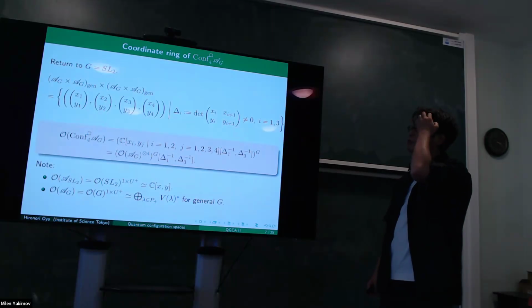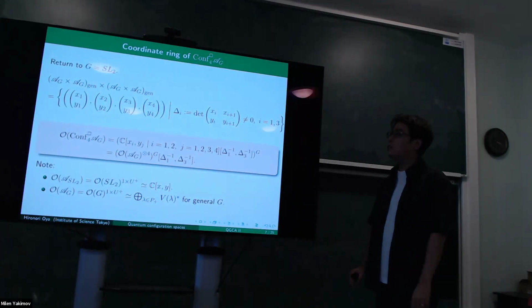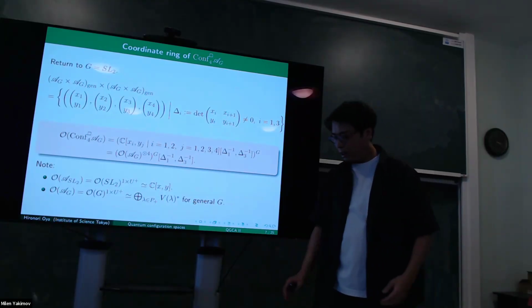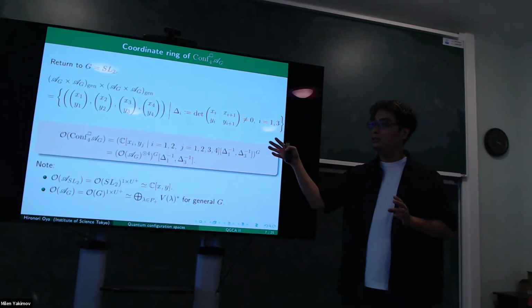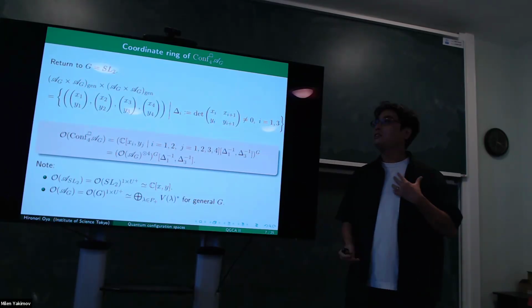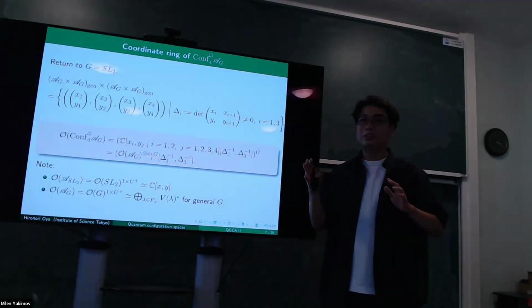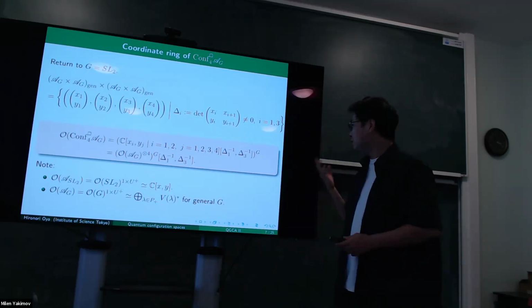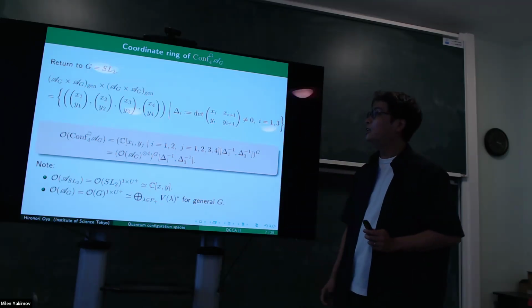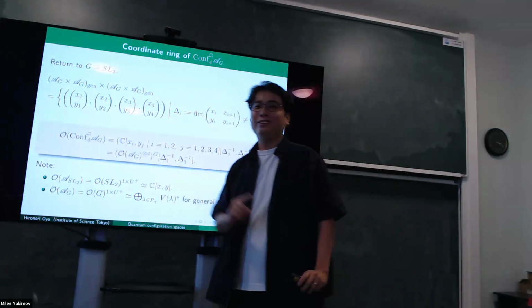And we want to consider the quantization of this space. In the quantum setting, we don't have an actual space, we just have coordinates, so we need to describe this kind of space in terms of the coordinate ring. Before moving on to the quantum story, let us describe the coordinate ring of this configuration space.